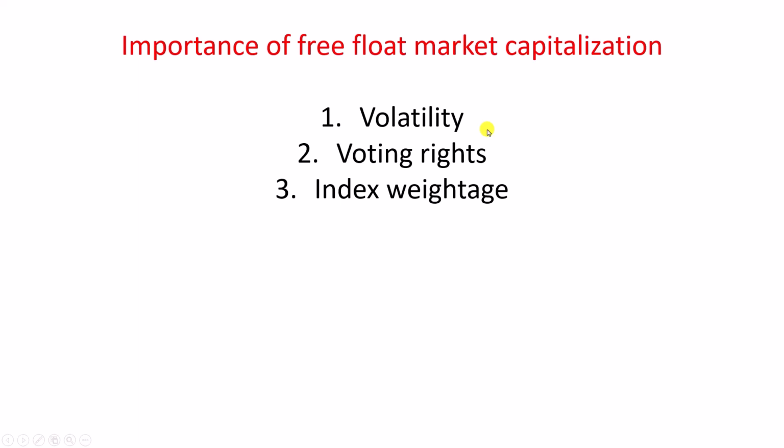So due to this random movement, either upside or downside, a lot of volatility will be created. Whereas if the free float market capitalization is more, then it means that the public has a lot of shares. So the chance for manipulating the price of the shares is less here, and so the volatility is less.